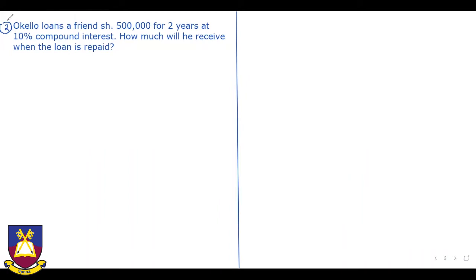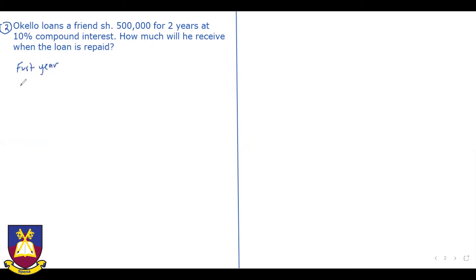Okello loans a friend shillings 500,000 for 2 years at the compound interest rate of 10%. How much will he receive when the loan is repaid? So we're looking for how much Okello will receive when the loan is repaid. And we're going to determine first the interest after the first year. So this is the first year.